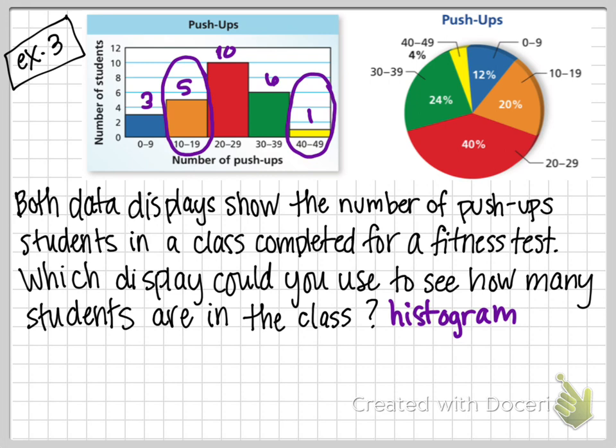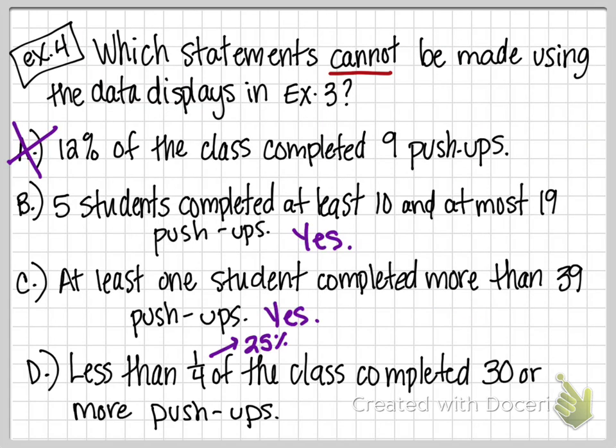Less than 25% completed 30 or more. What percent of the class completed 30 or more? Well, 28%. Is that less than 25? No, that's more than 25. So this is not a true statement. It should be more than a quarter or more than 25%. And we can see that on our pie chart by looking at the percentages.